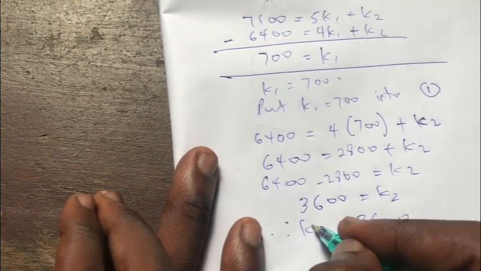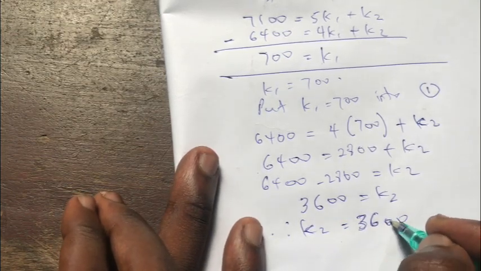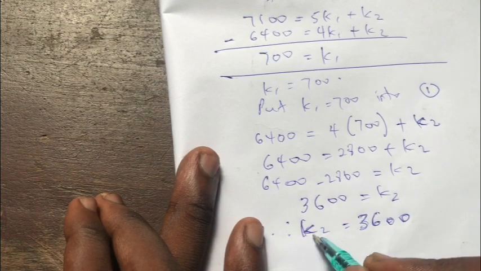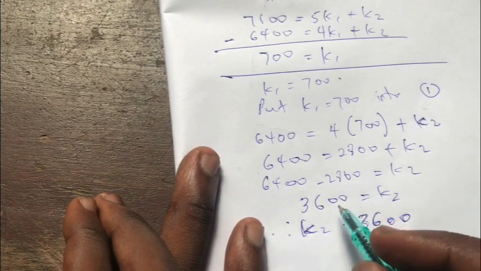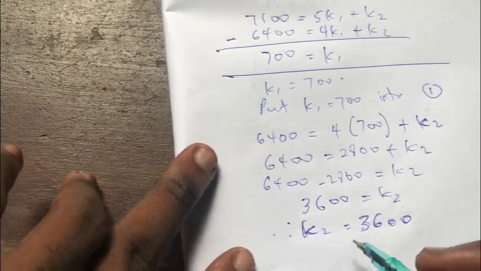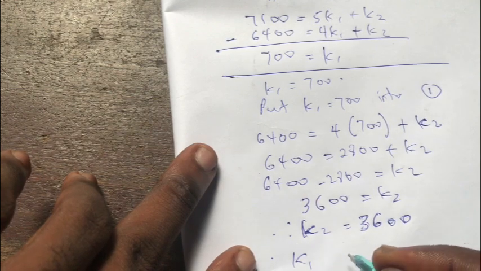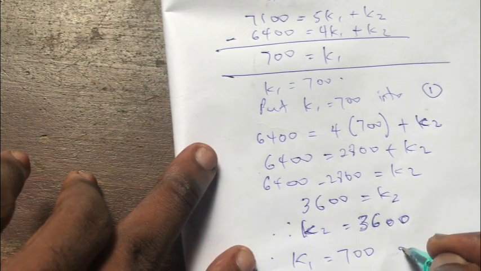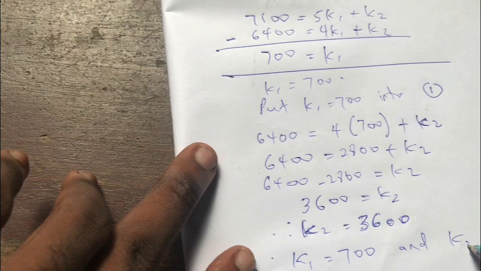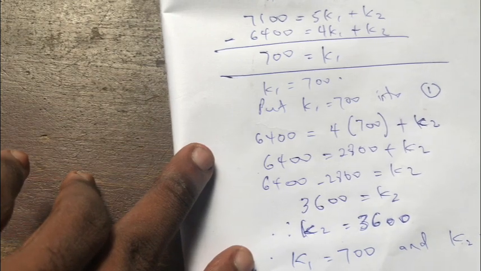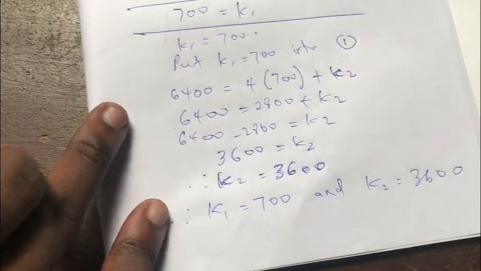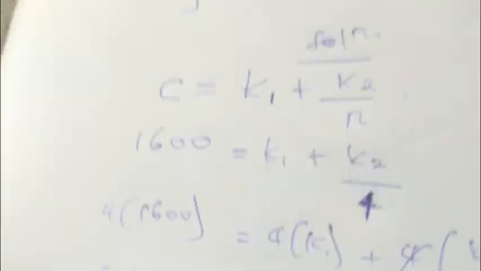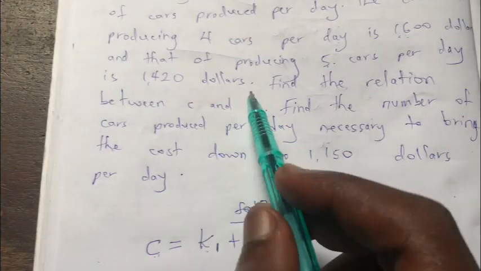Now you know that K1 is 700 and K2 is 3600. We are not done yet. So we reached here.